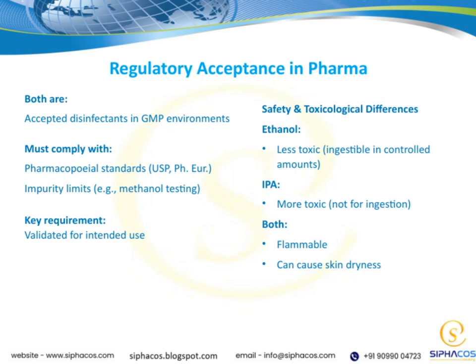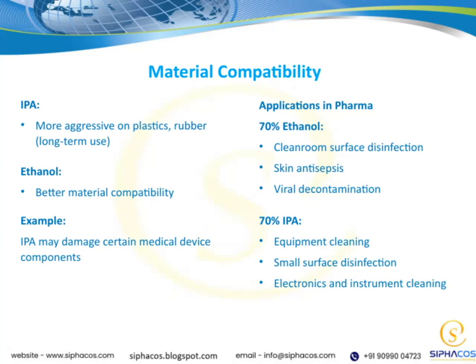This means they need to be tested and documented to confirm they perform effectively and safely in their specific application. So, understanding these differences and requirements helps us ensure we're using the right disinfectant safely and compliantly in pharmaceutical settings. Let's look at the applications of these disinfectants in the pharmaceutical industry.